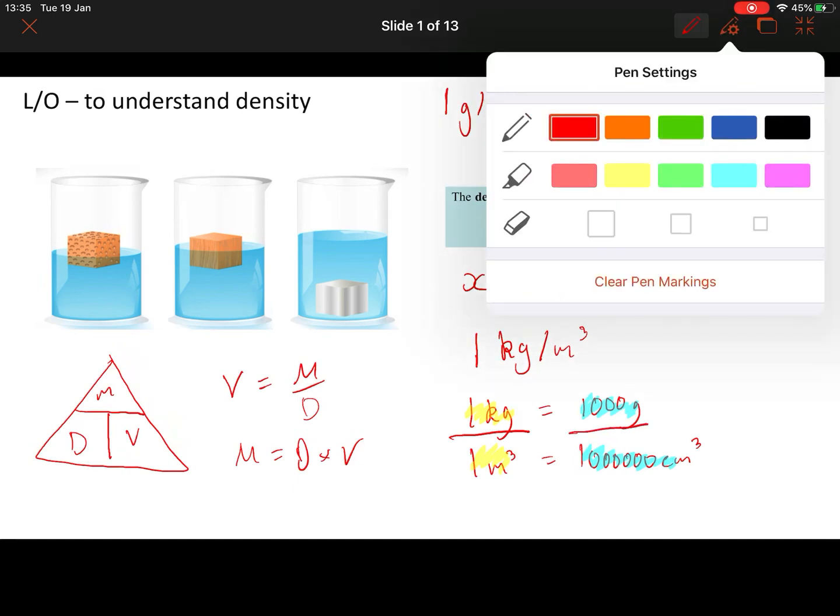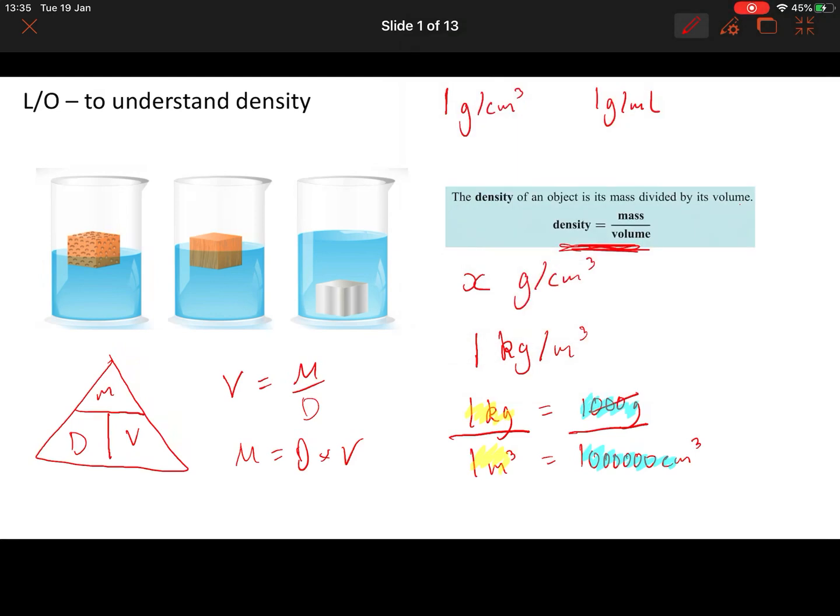Which is simple to simplify because I can just cancel away these zeros, and so it's 1 over 1,000, which is equal to 0.001 grams per centimetre cubed. So 1 kilogram per metre cubed is equal to 0.001 grams per centimetre cubed.